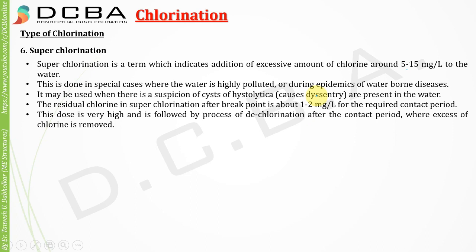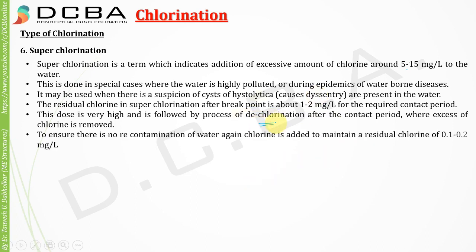So after this dechlorination process, you will again chlorinate your water so that the residual chlorine remaining is 0.1 to 0.2 milligrams per liter. So this is all that happens in superchlorination. Superchlorination followed by dechlorination, and again you chlorinate the water to maintain 0.1 to 0.2 milligram per liter of residual chlorine.